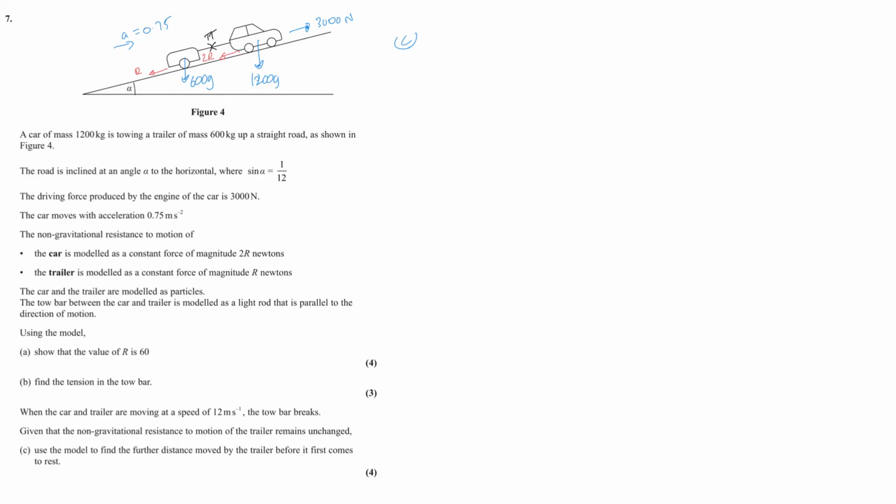Okay, so that is now the force, which is, there's no tension anymore because it was T minus R minus 600G sine alpha. But the T now is gone because it snapped, and that equals 600A.